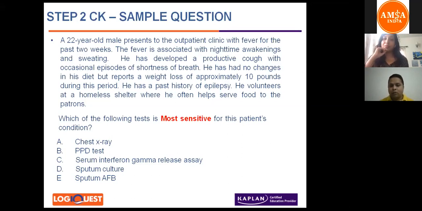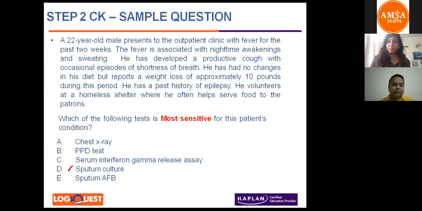Now, when it says most sensitive, the answer will have a different turn or shape of its own. If we're talking about the most sensitive, automatically the answer would be sputum culture, right? If the question had been what would you do first, maybe chest X-ray, or which is the most important, then it would be PPD.